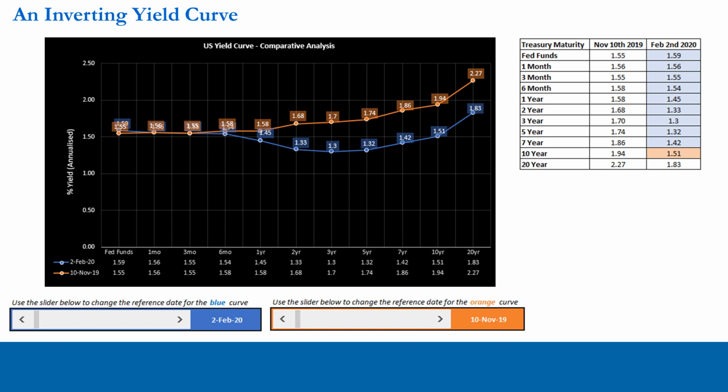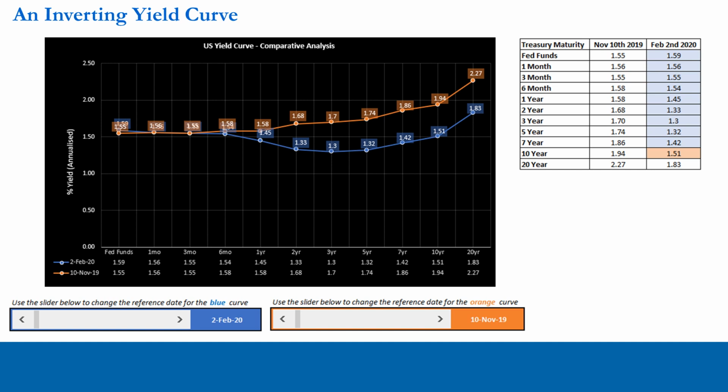Okay. So if we look on the bottom of the chart, we can see the Fed funds official rates, and we can see the maturities from 1 month out to 20 years. And what we're interested in here is looking at inversion occurring.